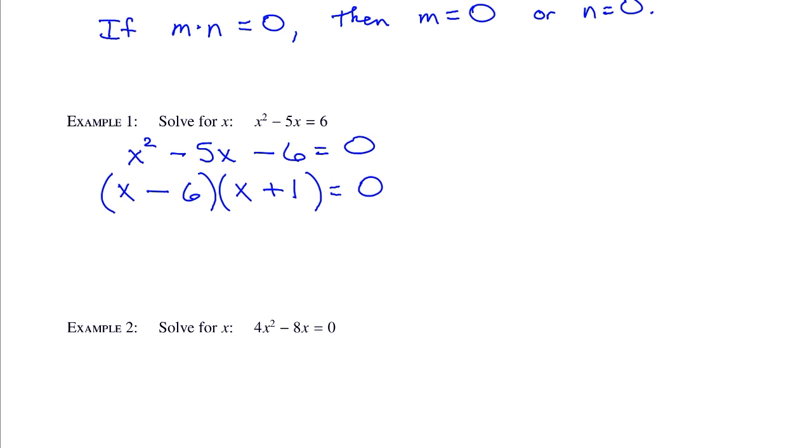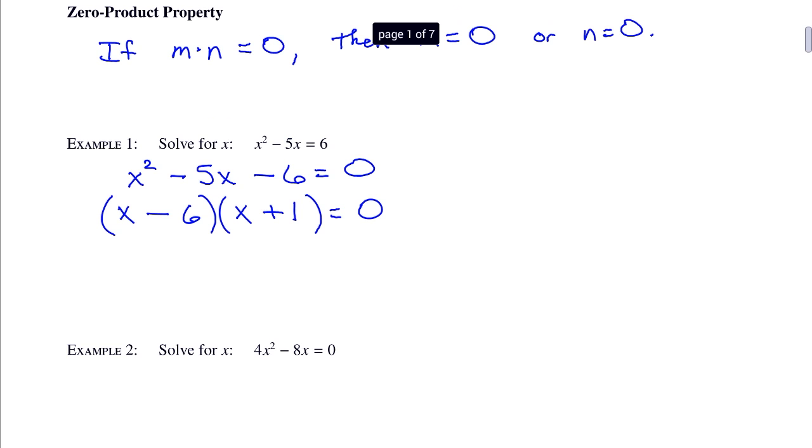Now notice that this is in the form of two things multiplied together to equal 0. So this is where we use the zero product property. It tells me that when two things are multiplied together and equal 0, then either the first one is equal to 0 or the second one is equal to 0. Those are going to give us the two different solutions for x that would make the original equation true.